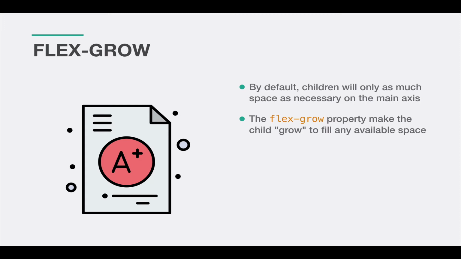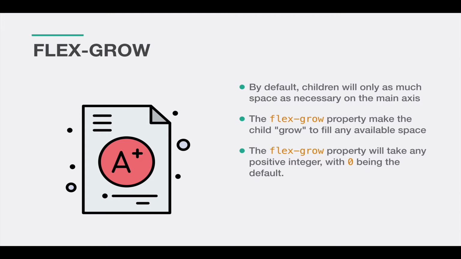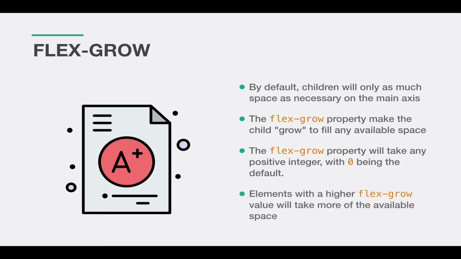They're going to stretch along the main axis, not the cross axis, and fill up the available space. By default, FlexGrow is set to 0, which means don't grow. That's why they just sit with whatever size they need.